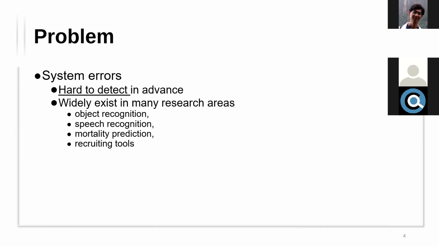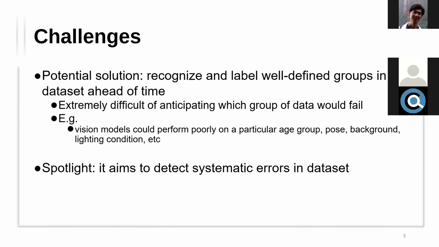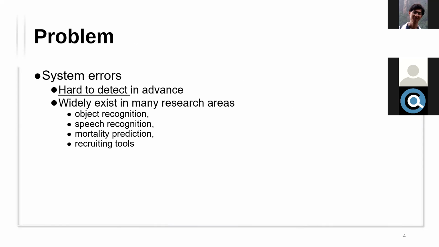And I just continue. The second point is that such systematic errors actually widely exist in many research areas, like object recognition, speech recognition, mortality prediction, and recruiting tools. And this is also very similar to Dr. Xiaoyan's research. Her research basically wants to analyze the unexpected input.